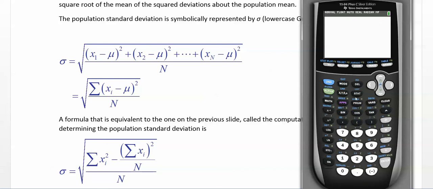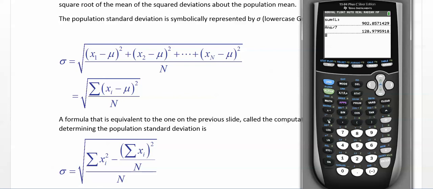So I'm going to sum up the squareds. So sum up L3. That gives me a number. And then I want to divide that by the total number of observations, so divide that by 7. And then I want to take the square root of that, which is right there.